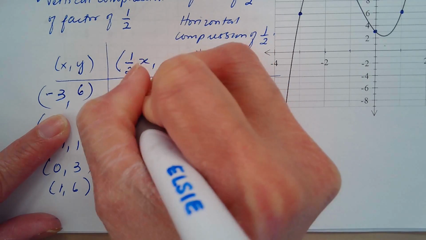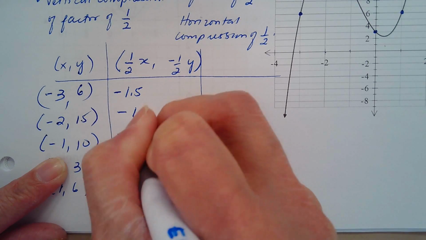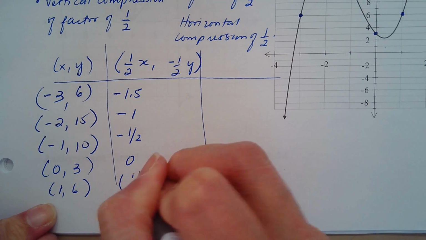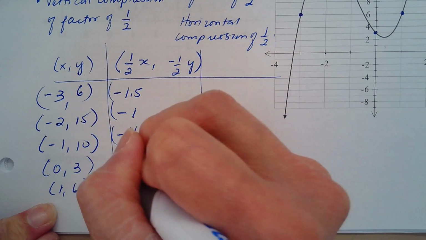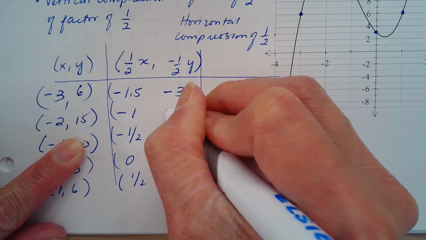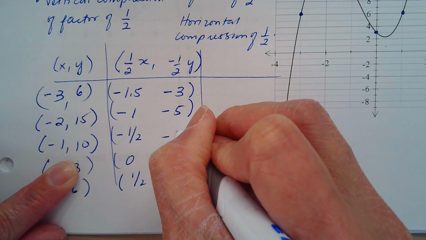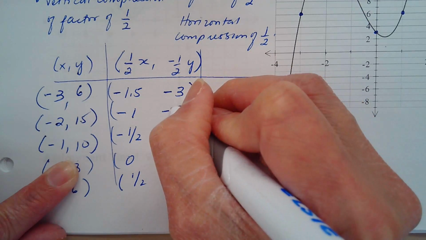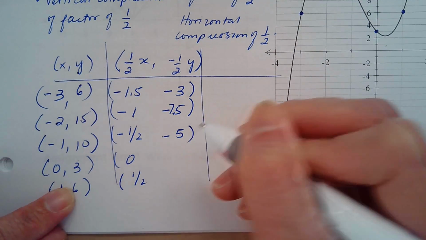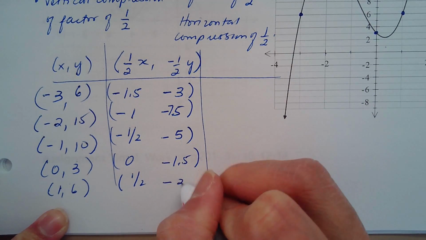It's going to be negative 1.5, negative 1, and then the y's would be negative 3, negative 5, negative 7.5, negative 5, negative 1.5, and negative 3.